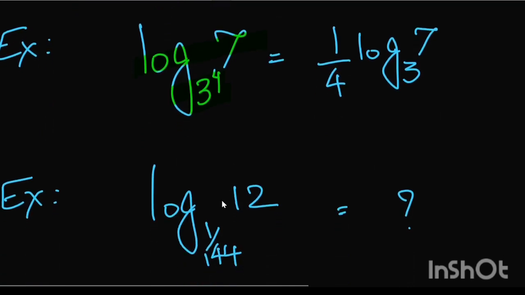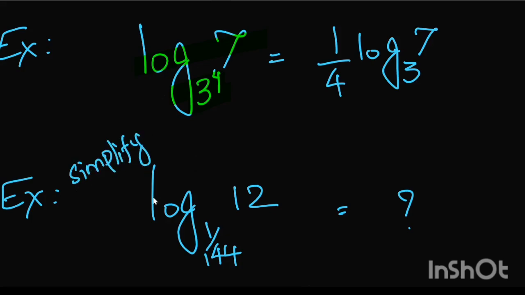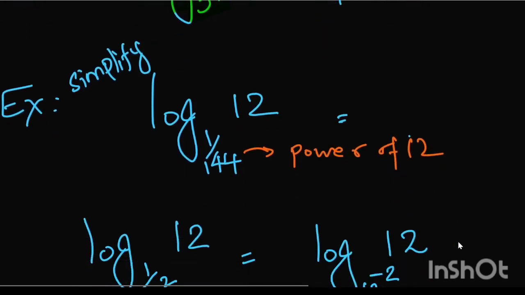Similarly, if I ask you to simplify this, here simplify means we have to give an answer without log, in terms of some number. So what we can do, the hint would be, we can proceed with writing this in the power of 12. Okay, so 144 is the square of 12.